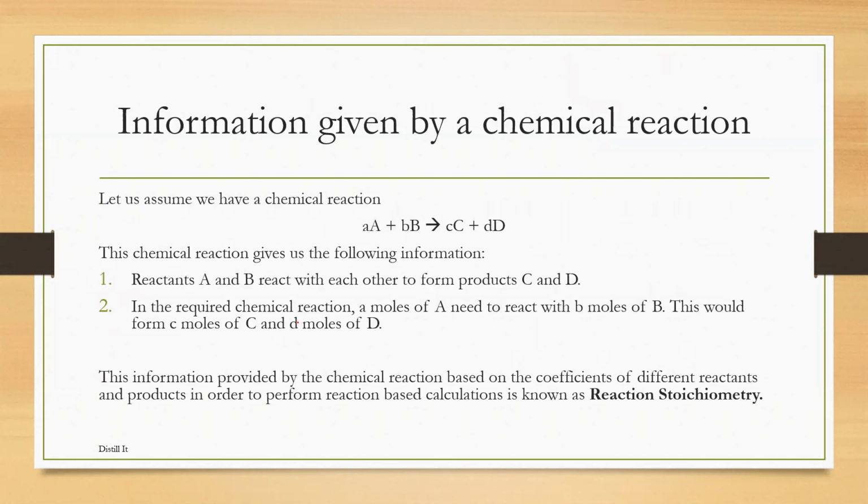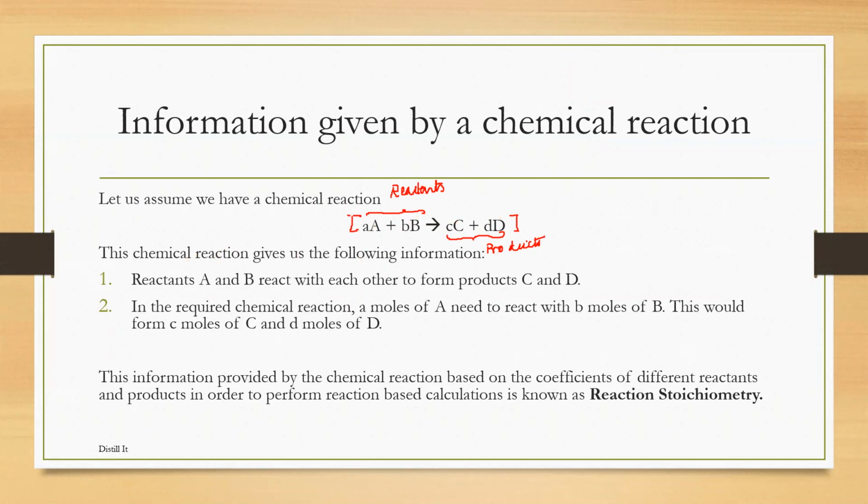Now, this is quite important. Whenever we consider a chemical reaction, there is a lot of information that can be extracted from it. For example, let's take this basic reaction: aA plus bB gives cC plus dD. From here, the first piece of information we can get is the reactants participating, and the second is the products that are formed.